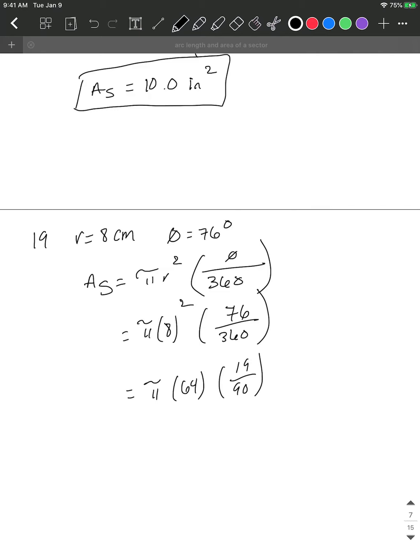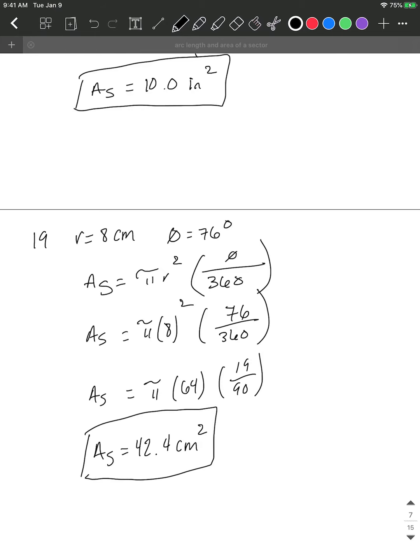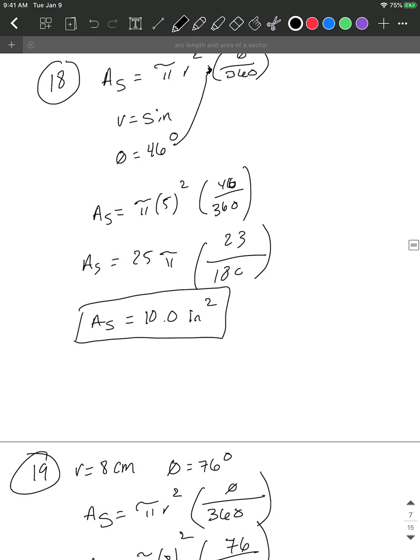So now we'll say 64 pi. So we'll get, you don't have to fill them in, I just always fill them in, 42.4 centimeters squared. So that's what we're looking at. For number 19, the area of the sector, that's going to be the solution.